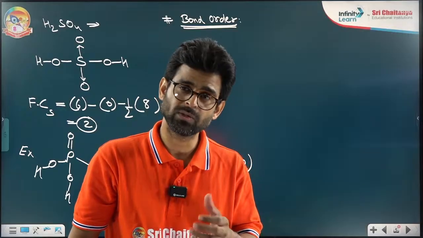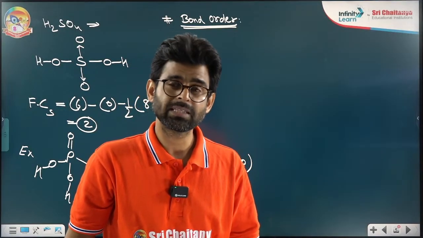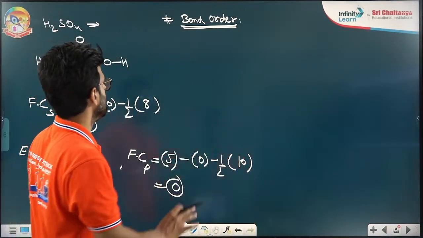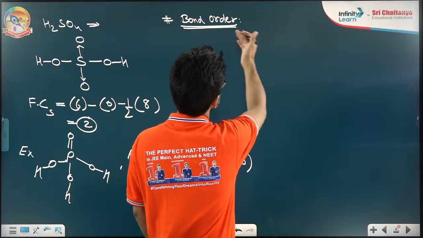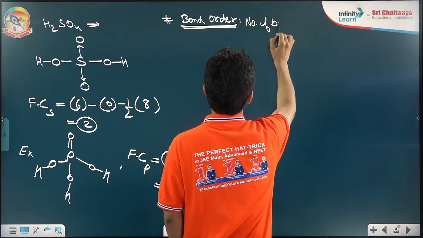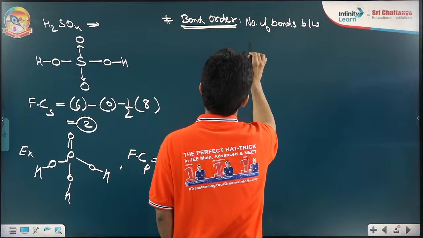If you know the structure, only then can you tell these answers, right? So the next one is your bond order. Clear? So what about the bond order? What is it? Bond order is the number of bonds between two atoms, right?